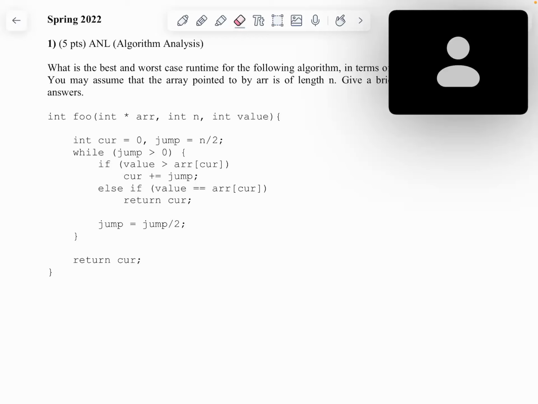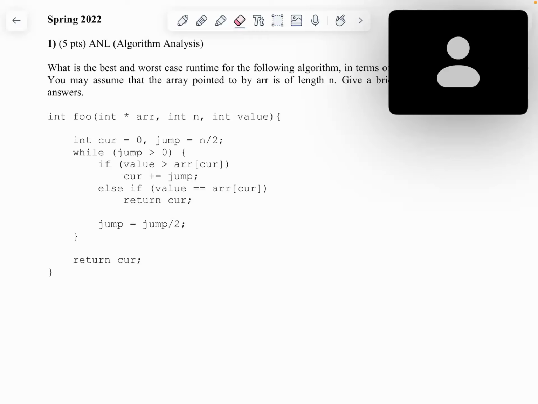So now we look for any other operations that take any significant runtime inside the loop. Does anyone see anything? No, yeah, because there's nothing to see, so that's good. So we know what our jump starts at.